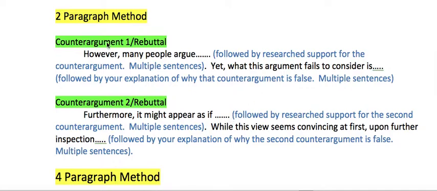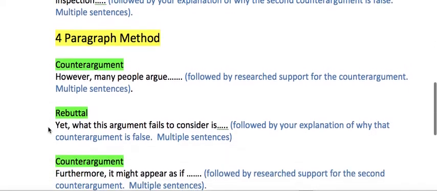If you follow this model, you're going to have 2 really strong paragraphs. And depending on what you need out of the rest of your paper, that may be fine. But if you see these 2 paragraphs are really starting to expand and take up a lot of space, so that the paragraphs feel overloaded by putting both the counterargument and rebuttal in the same paragraph, you need to do the 4-paragraph method.